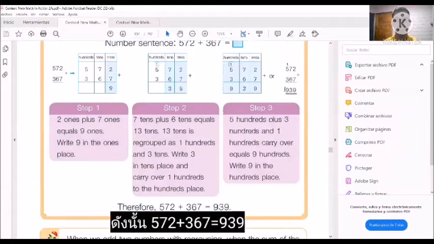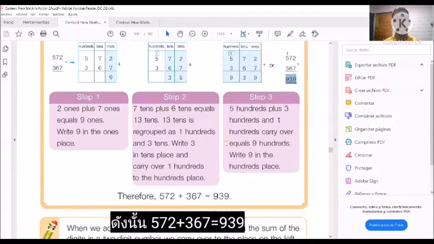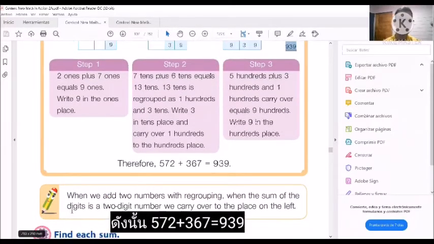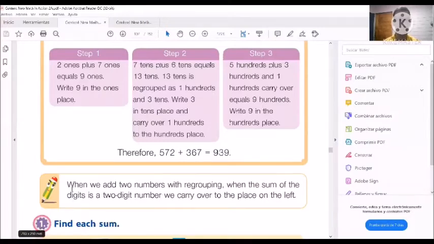So the final answer is, what is this number, please? Can you read it by yourself? 939. Okay, so finally, let's read please the speaking pencil. What is it telling us?